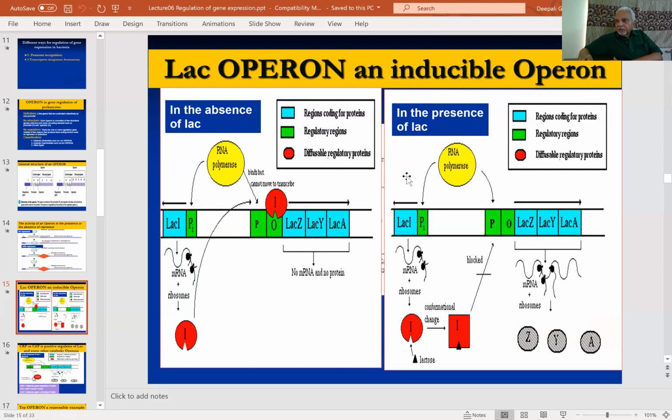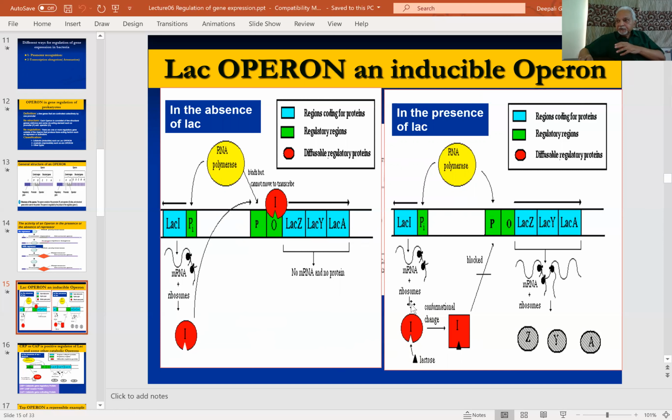Now, when lactose is not there, what happens? Then the expression of these genes is blocked. And how does that blockage take place? That is through this inhibitor. This inhibitor goes and binds to the operator in the absence of lactose, and RNA polymerase, though it binds here, is not allowed to transcribe.